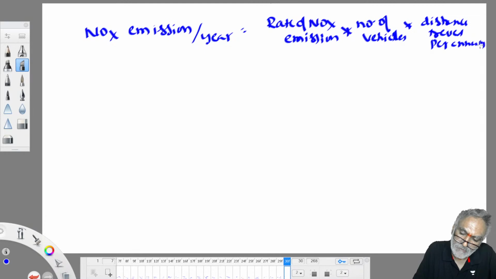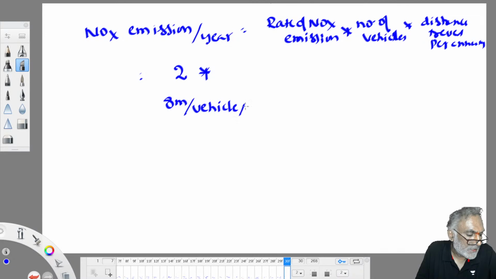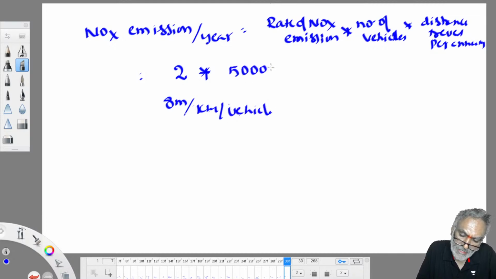So 2 grams per vehicle per kilometer, or 2 grams per kilometer per vehicle, into 50,000 vehicles. On average they are traveling 20,000 kilometers. These kilometers and these vehicles cancel out: vehicle, vehicle, kilometer, kilometer.